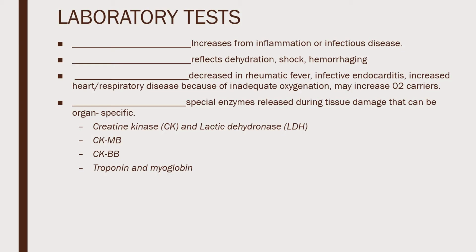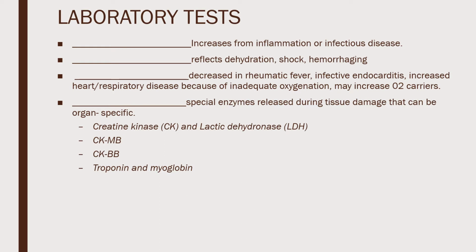So some laboratory tests could be your white blood cell count, which increases from inflammation and infectious diseases. Some examples would be an MI, endocarditis, pericarditis. You can also have a decreased H&H, which reflects dehydration, shock, or hemorrhage.